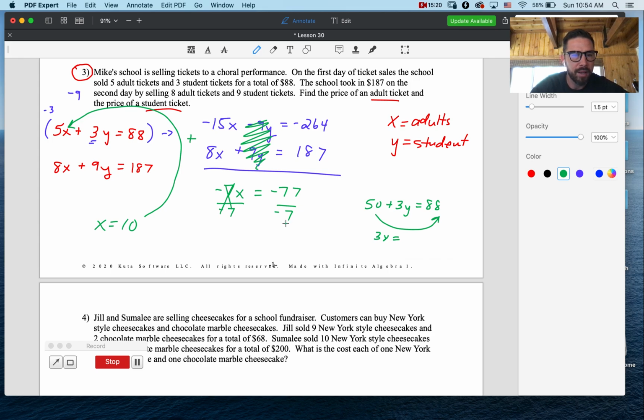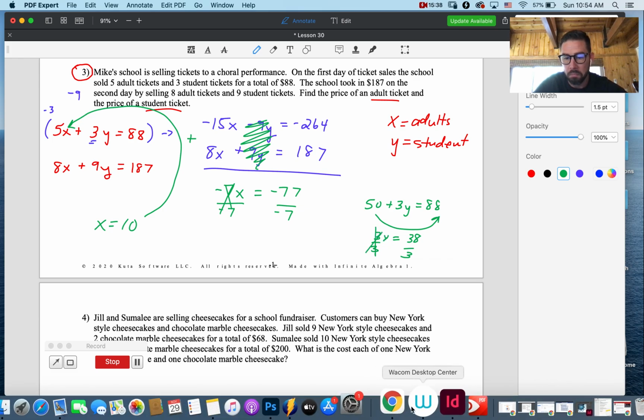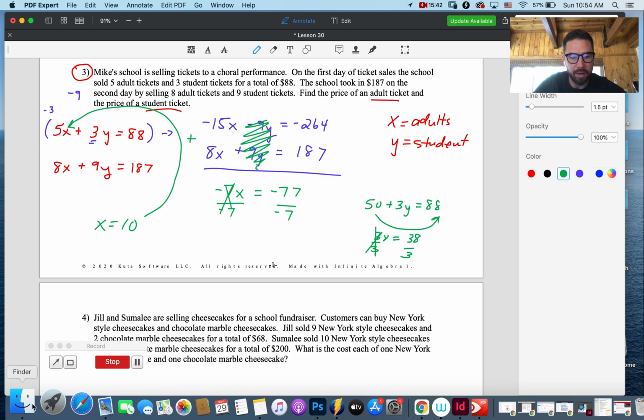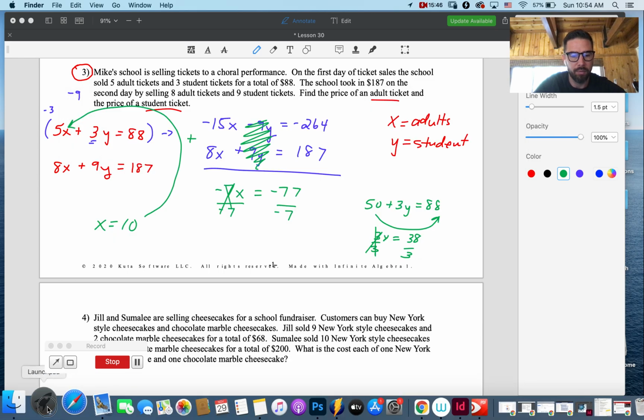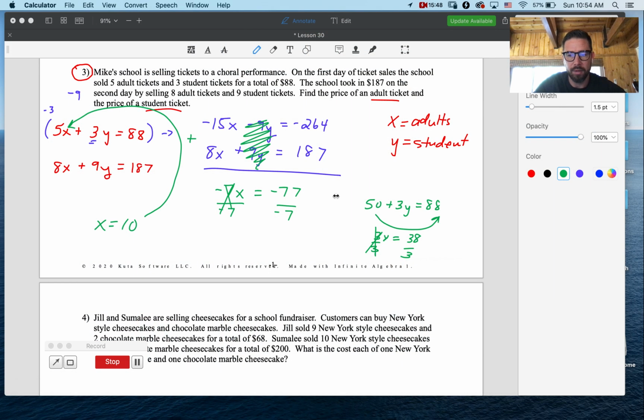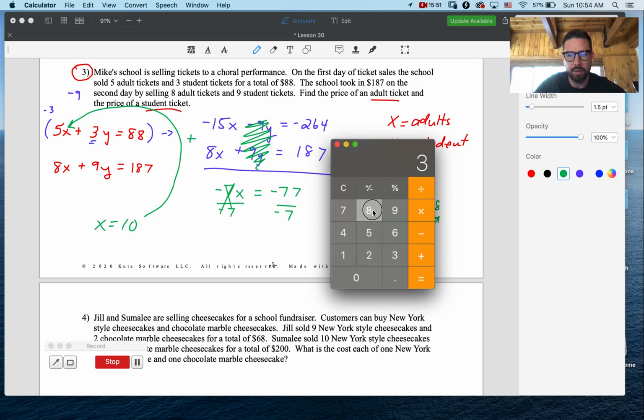X is positive 10. Bring it up here. 5 times 10 is 50 plus 3y equals 88, right? 3y equals 38. 38 divided by 3? Shouldn't that come out clean? Maybe I messed up, but when I did the math, it came out to be 38 divided by 3. I am tripping. Hopefully you kids can catch me on this one, but man, 38 divided by 3?